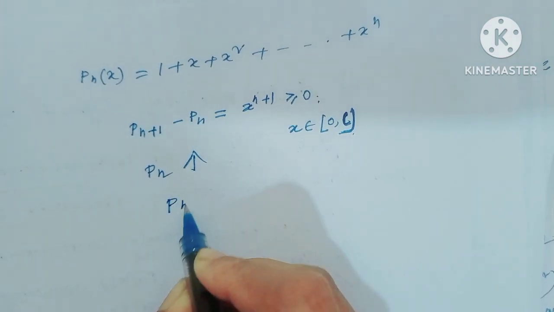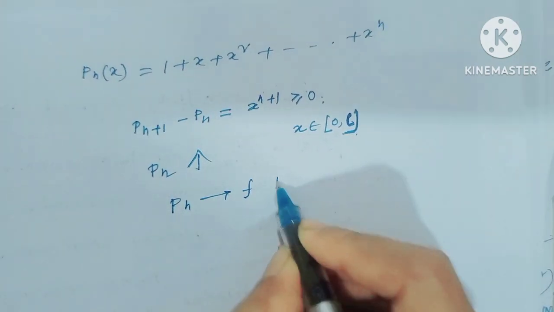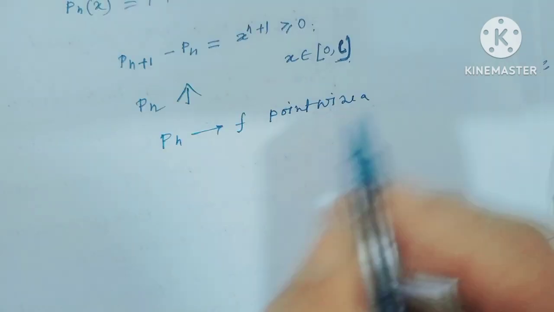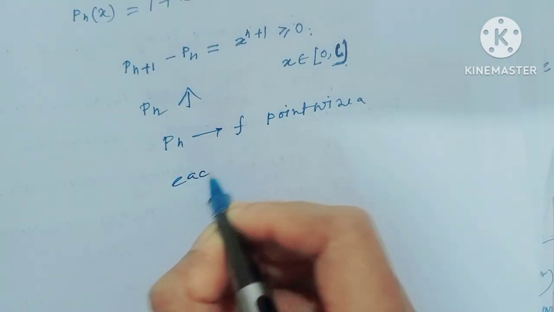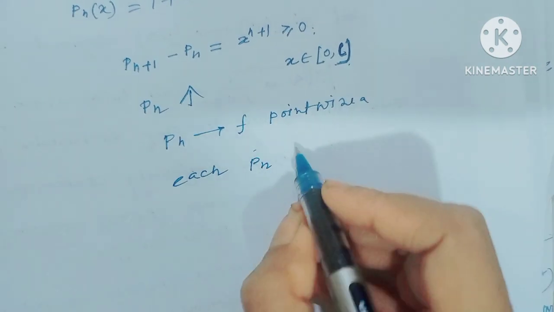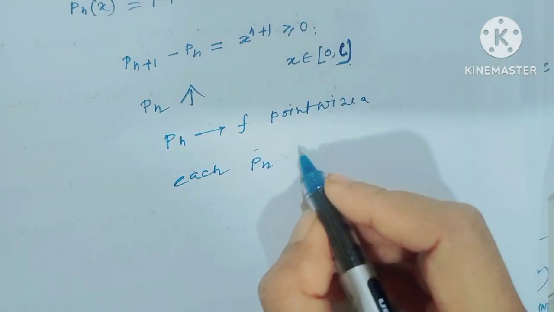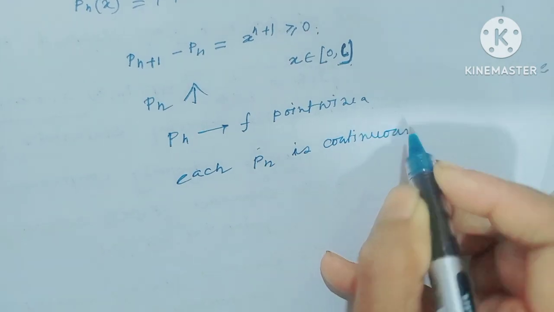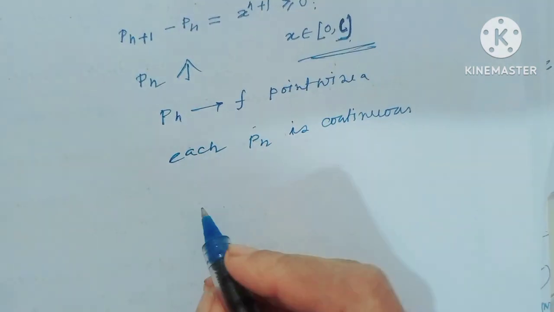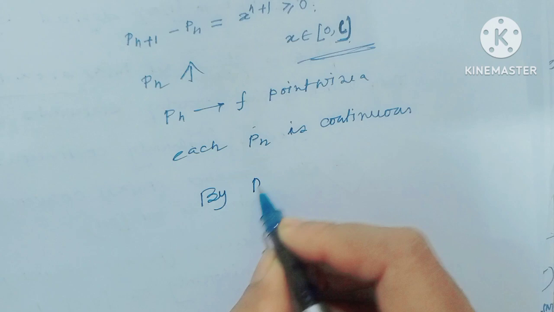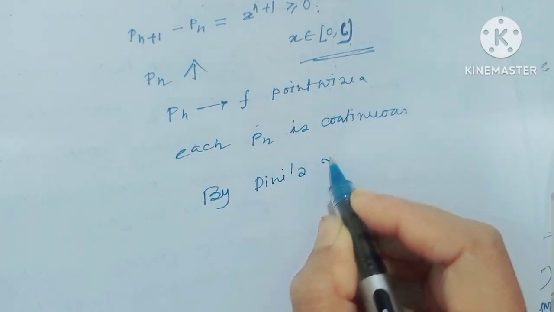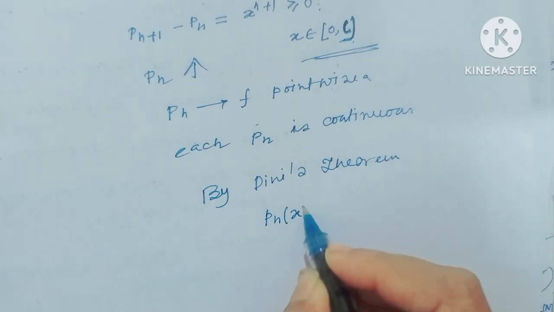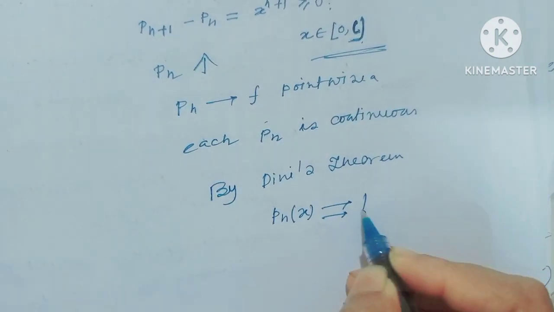Also, Pn converges to f pointwise on this interval, and each Pn is continuous on this interval. So by Dini's theorem, Pn(x) converges to f(x) uniformly.